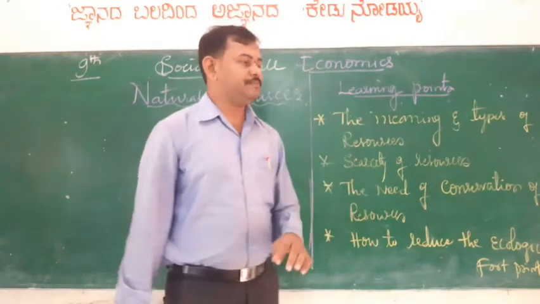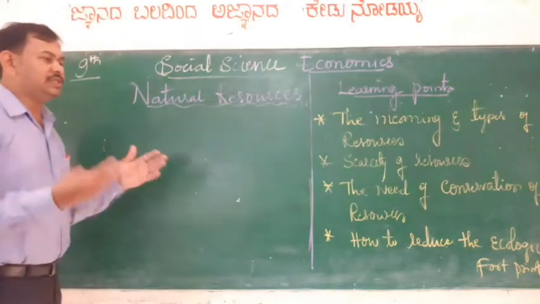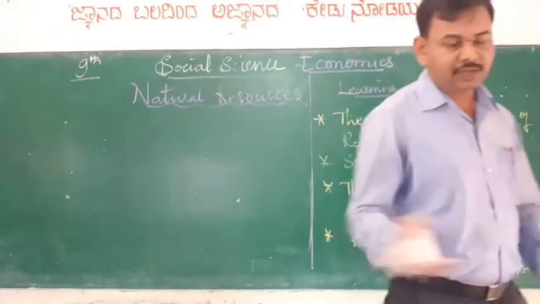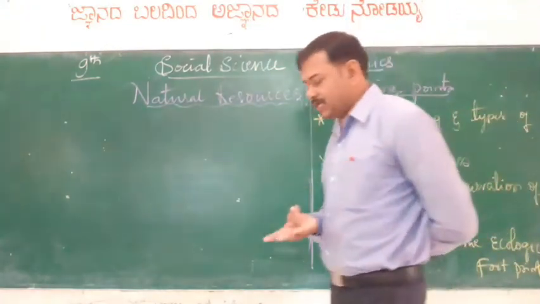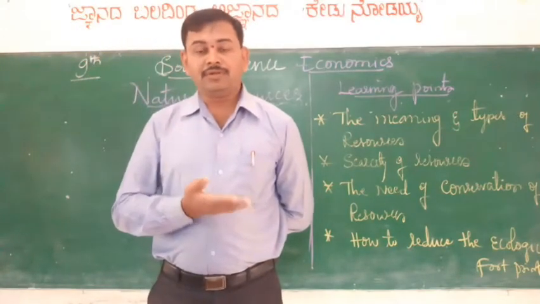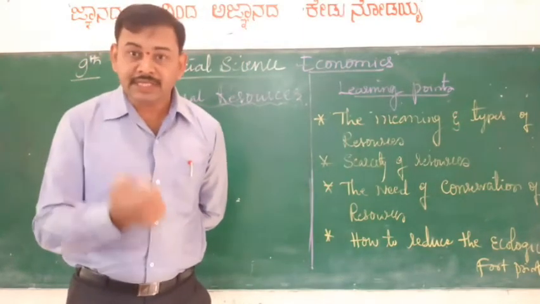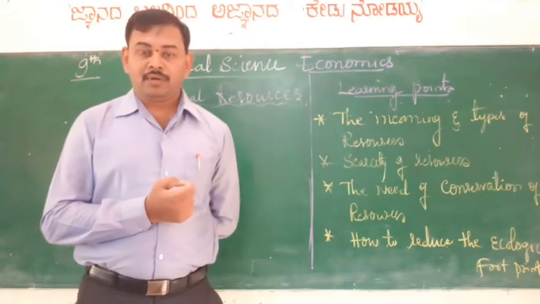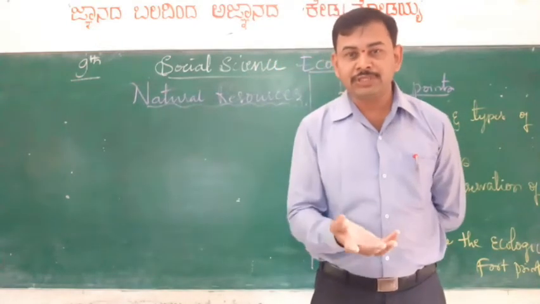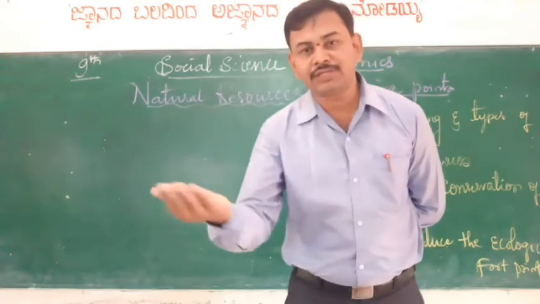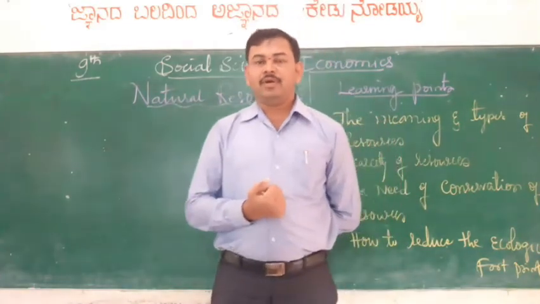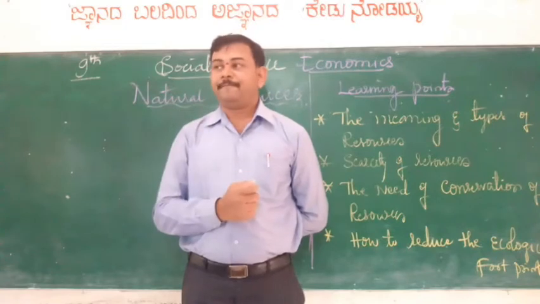My dear students, on the earth's surface we can get many mineral resources. Among them iron ore, bauxite, and then hematite, and then magnetite, and then gold. See, all of these mineral resources that we get on the surface are very essential to human beings for daily life, to produce many products.